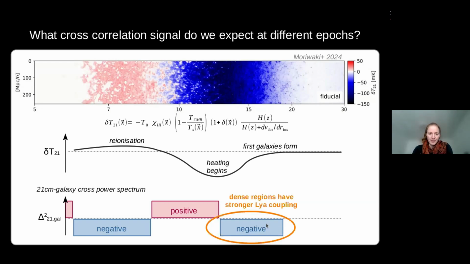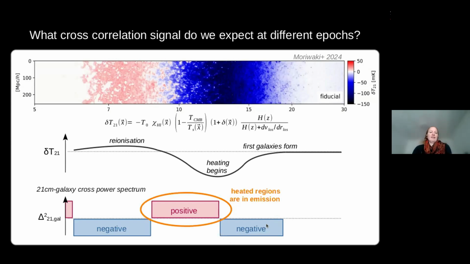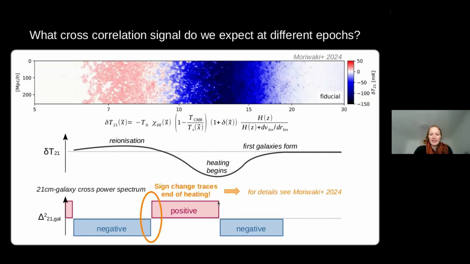Then as heating continues, you start heating around the galaxies, so your 21 centimeter signal becomes weaker in absorption and stronger in emission. So you see a positive cross power here. And then there's the next sign change, when you go from positive to negative cross power, which is essentially tracing the end of heating.